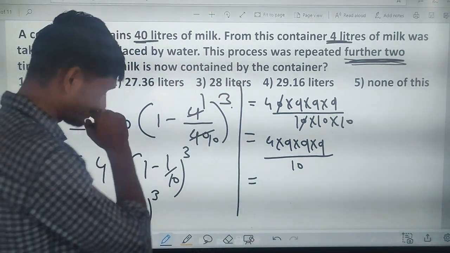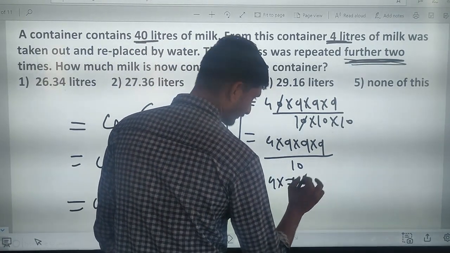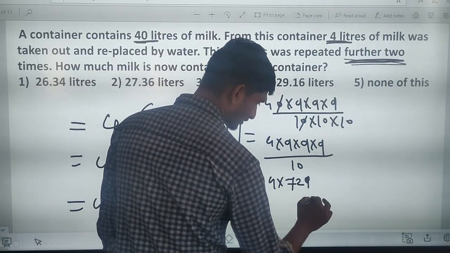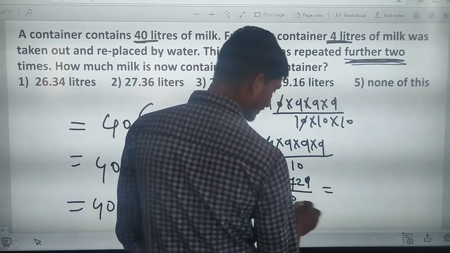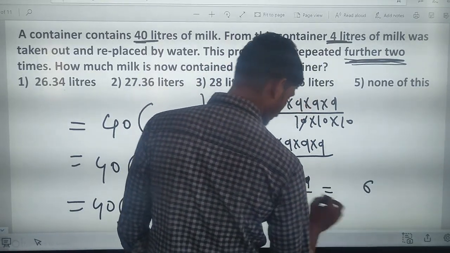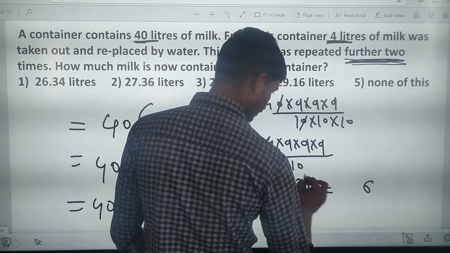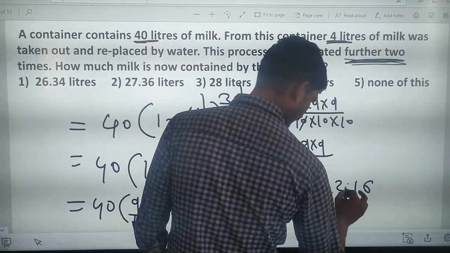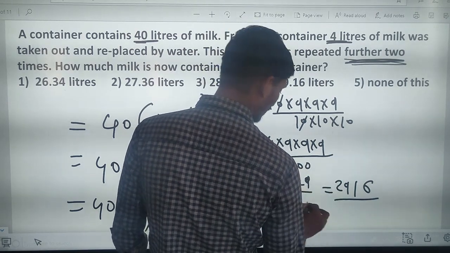Then 4 into 729 divided by 10, that is 2916 divided by 100.